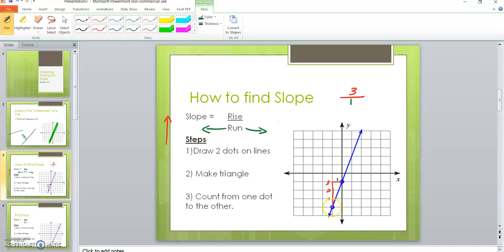We are going from one dot to the other. We make our triangle. And we're going to count up. 1, 2, 3. Notice how I did not count the dot as 1, because we went up a line to 1, up another line to 2, up another line to 3, and now I'm right here and I'm going to go over 1.